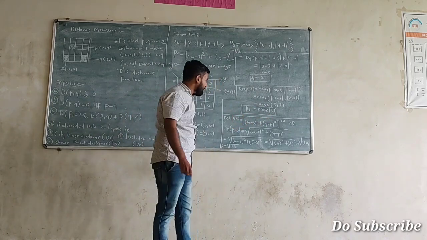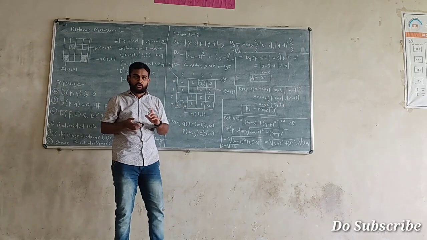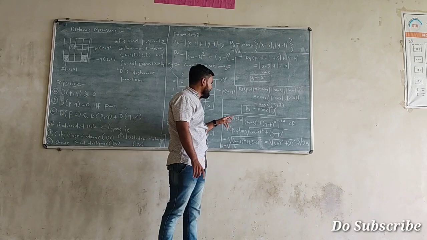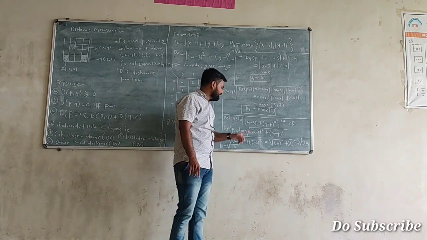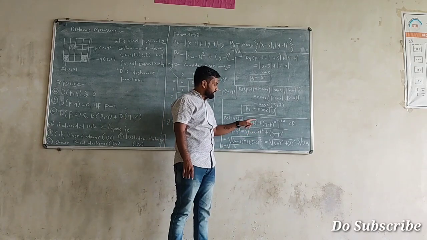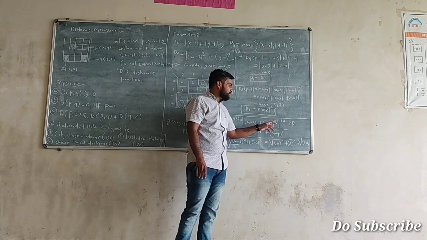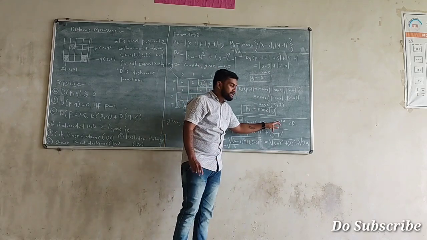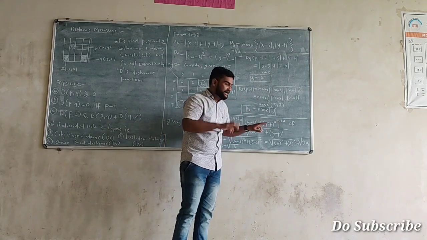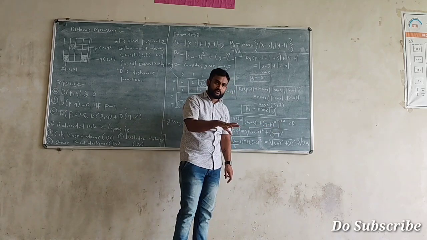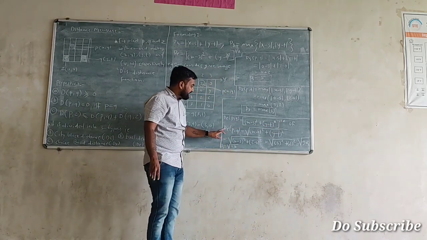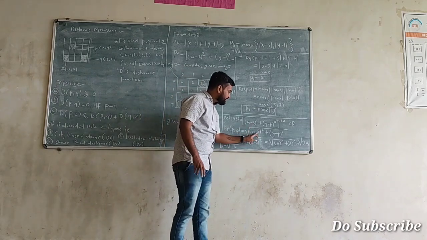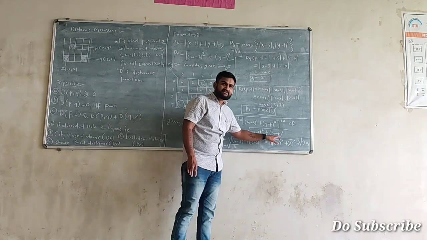Okay, then we have the Euclidean distance. What is the formula for Euclidean distance? We can find the Euclidean distance between P and Q by using this formula, that is, in bracket, x minus s square plus y minus t square, raised to the power 1 by 2. Now we know that raised to the power 1 by 2 can be written as under root. We can arrange this whole function into an under root. So simply, Euclidean distance D of P, Q is equal to under root of x minus s square plus y minus t square.